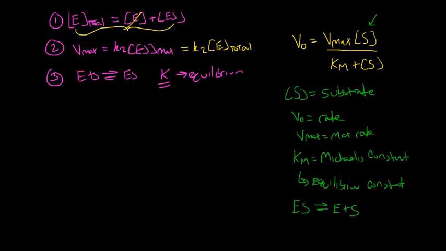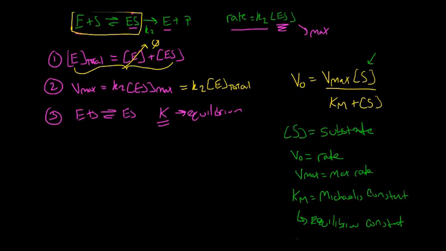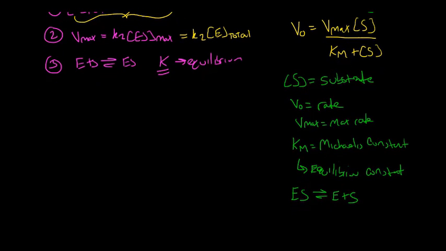This is the reverse of the original enzyme mechanism, where we have enzyme plus substrate becoming the complex. So the Michaelis constant describes the reverse, where the enzyme-substrate complex decomposes to form an enzyme plus a substrate.